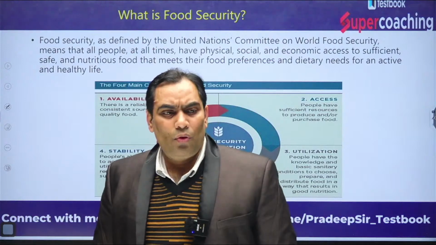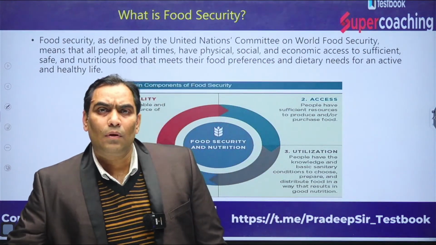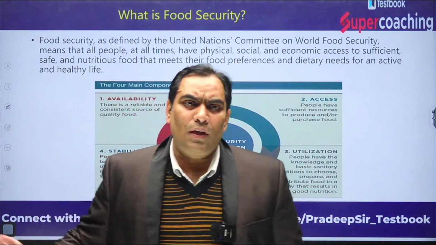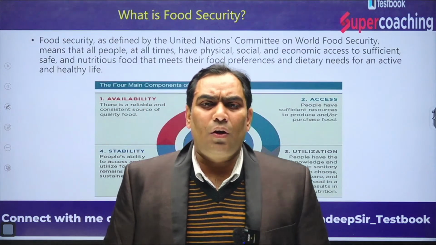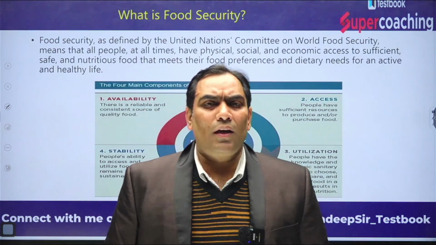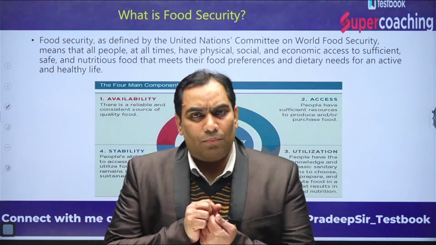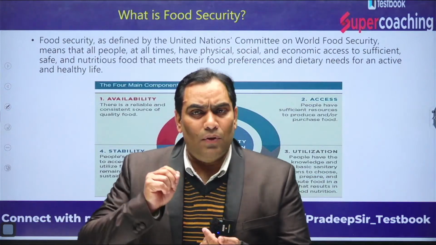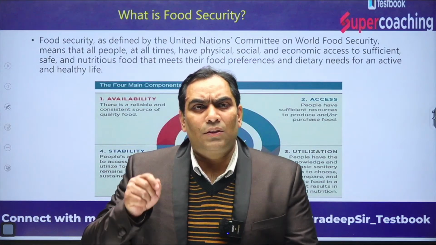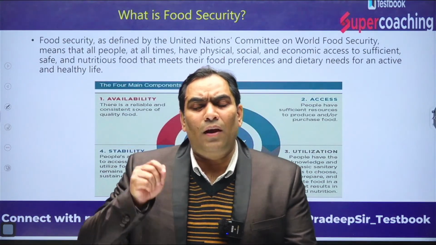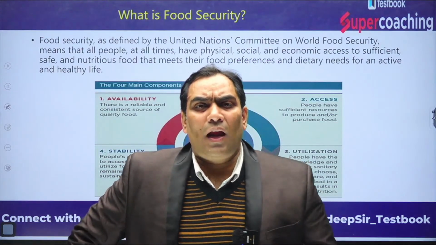I am going to repeat once again what the definition of food security is. Food security, as per the United Nations Committee, may be defined as all the people, all the time, having physical, social, and economic access to safe and nutritious food that meets their food preferences and dietary needs.